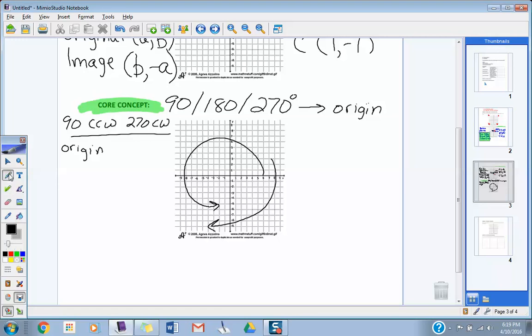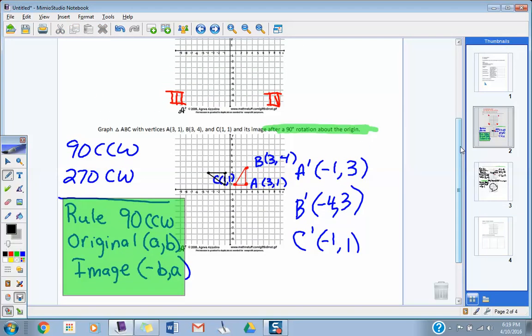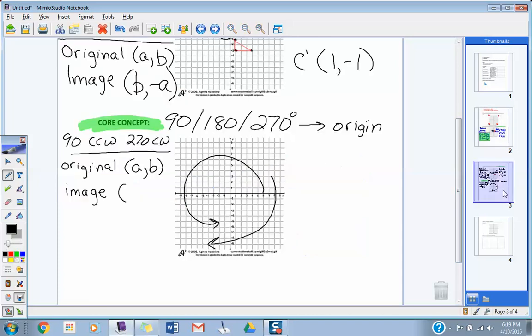So if the original point in a 90-degree counterclockwise rotation is A comma B, then an image is the point... If I go back up to my notes, 90 degrees counterclockwise, in the last page right here, A comma B is going to become negative B comma A. So I'm going to write that down here.